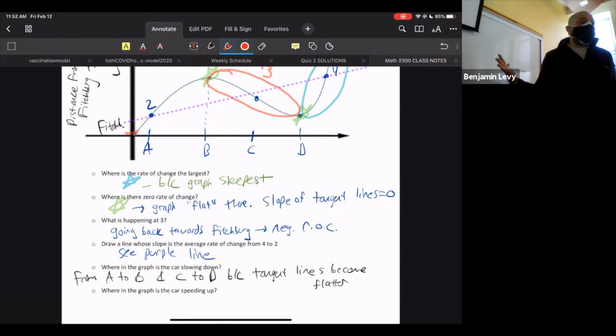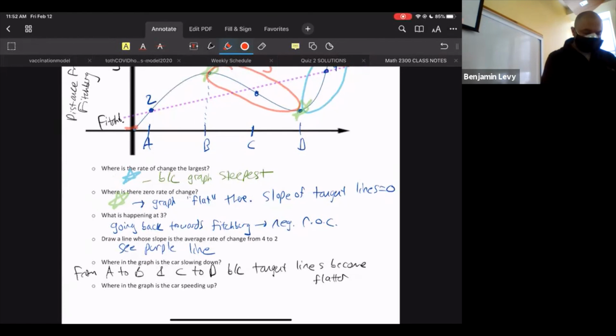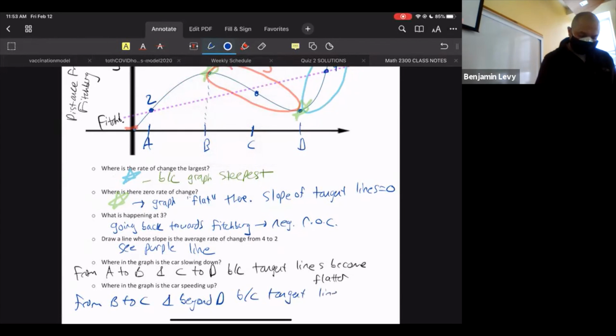And then speeding up the opposite. So it'd be like B to C or beyond D, for example. So speeding up could be from B to C and beyond D. Because the tangent lines become more steep.